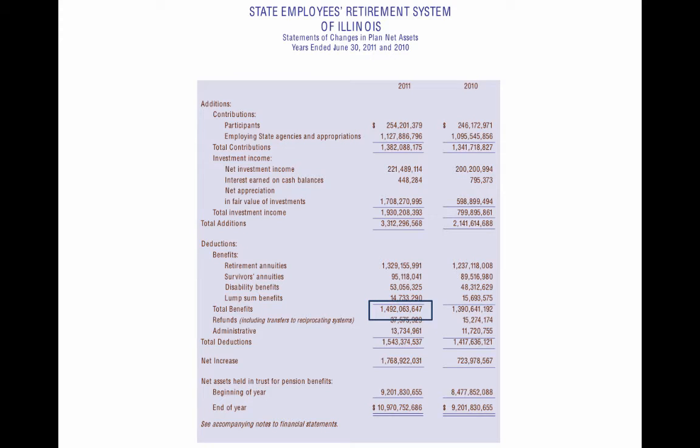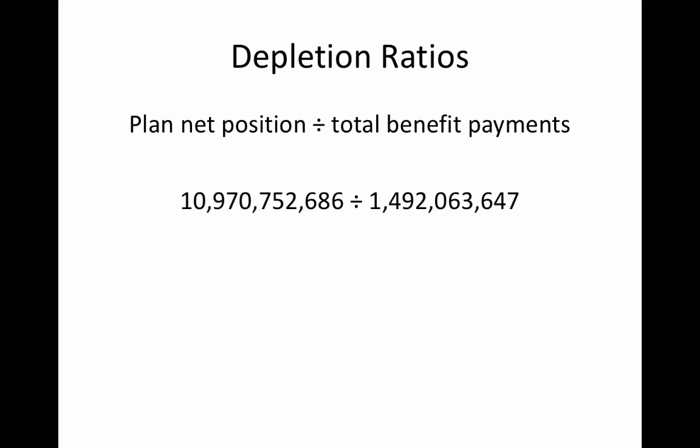You want to take the total benefits for the year and divide those into the fiduciary net position of the plan, which gives you a depletion of 7 points. So in a little more than 7 years, if no more assets went into that plan, they would run out of money. That's pretty low.